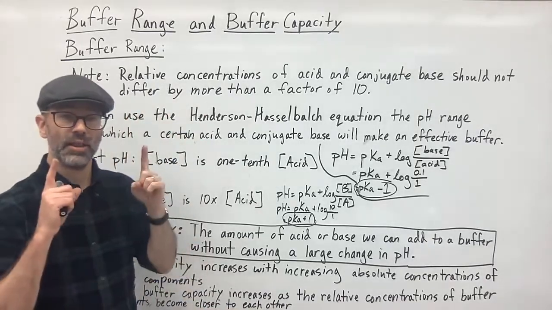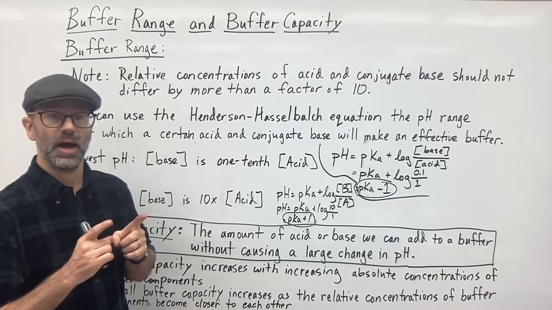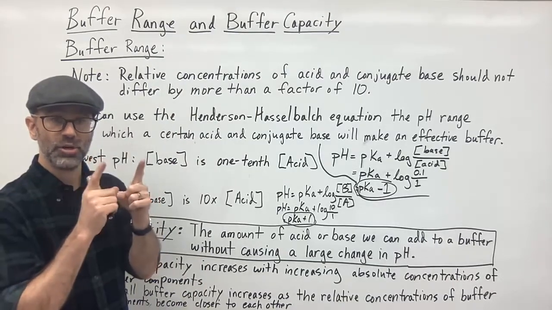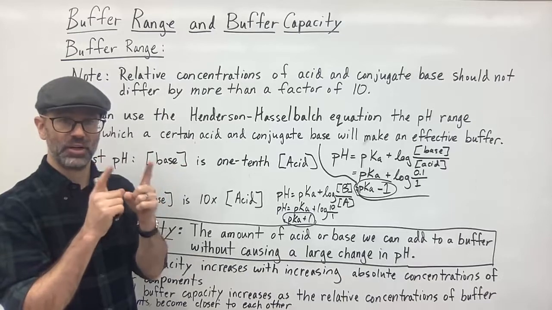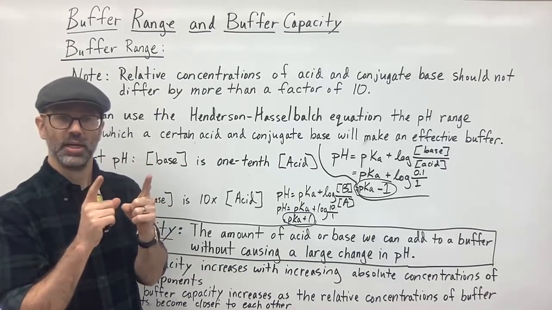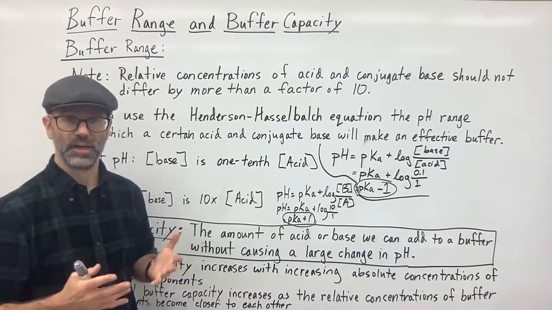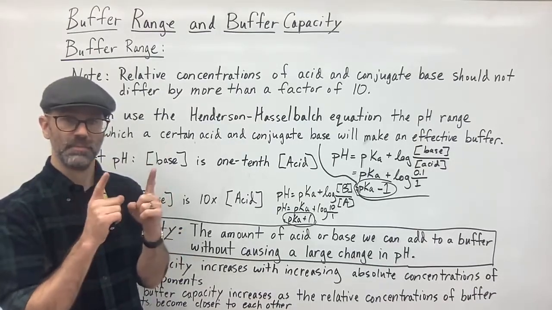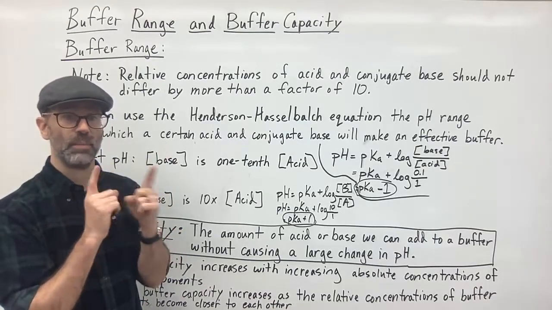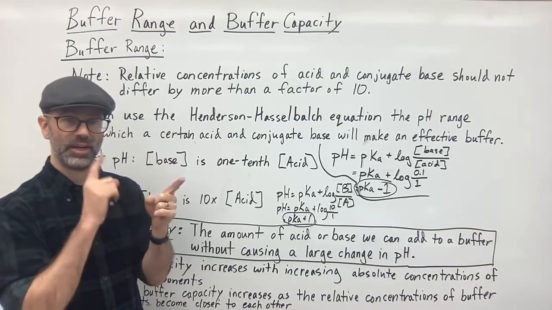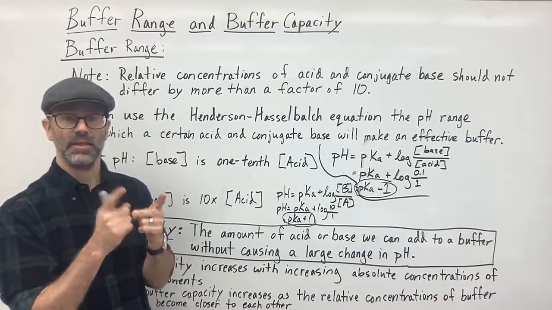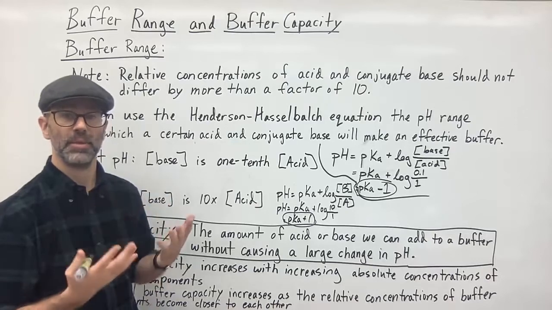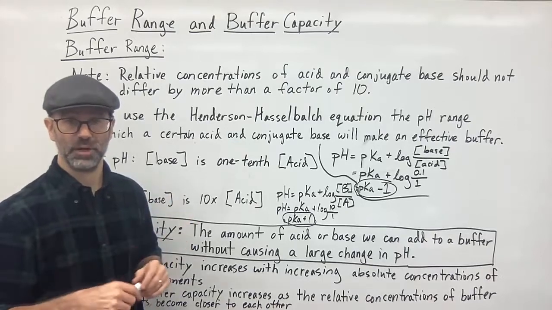The closer the acid and conjugate base are to each other in relative amounts, then the more effective the buffer. The best you can get is a 1-to-1. So if you can get equal amounts of your acid and conjugate base in your buffer, then that's going to increase the buffer capacity.